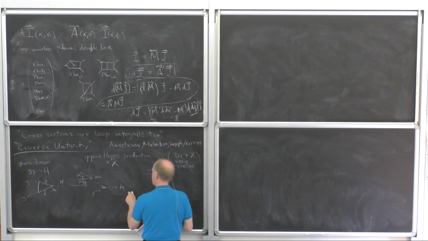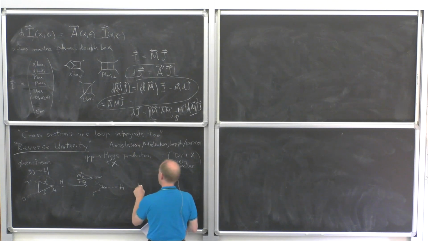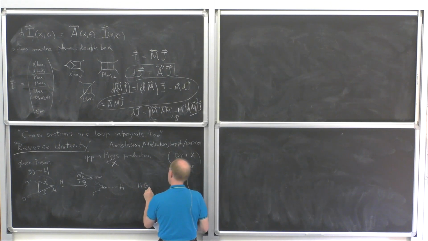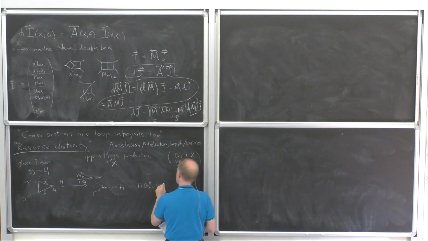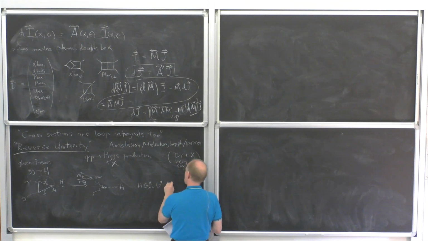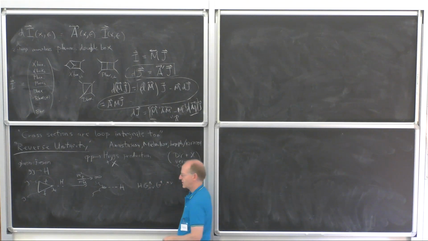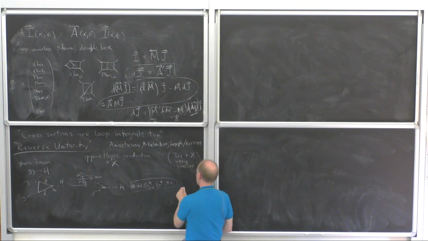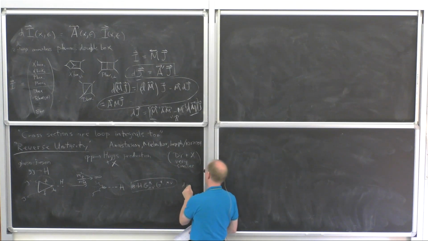And when you do that, you get to summarize the interactions as H times the gluon field strength. This operator. That's what this X means. This is a dimension 5 operator.